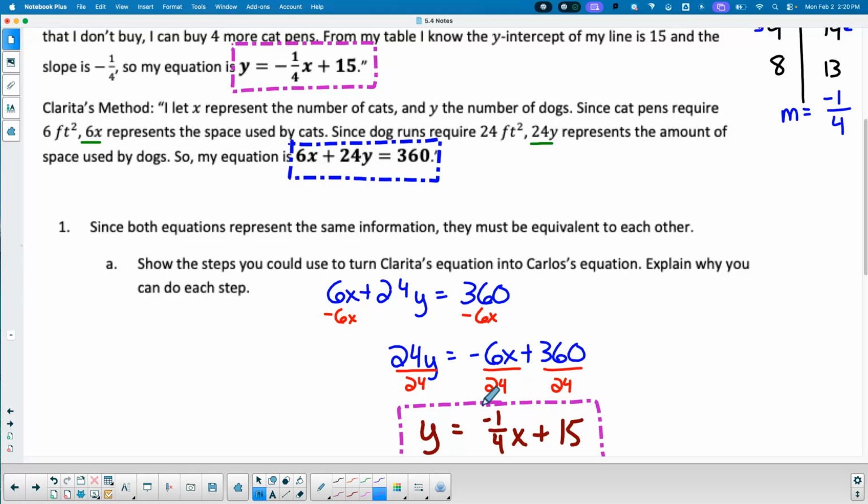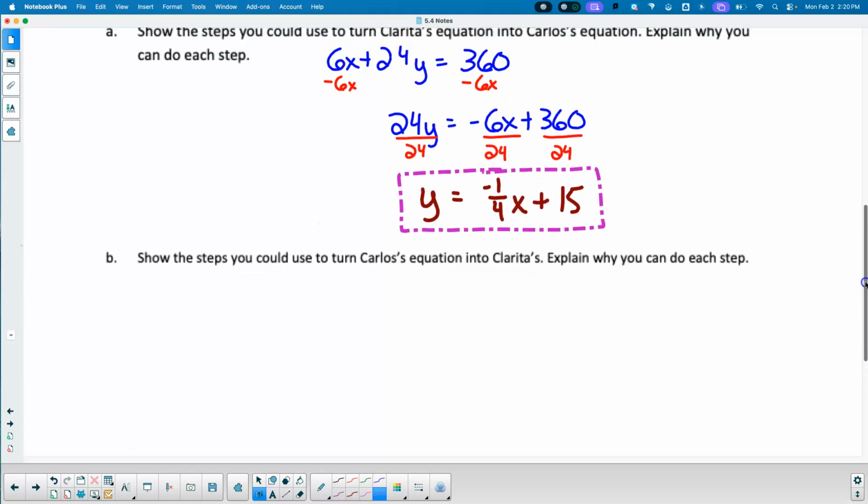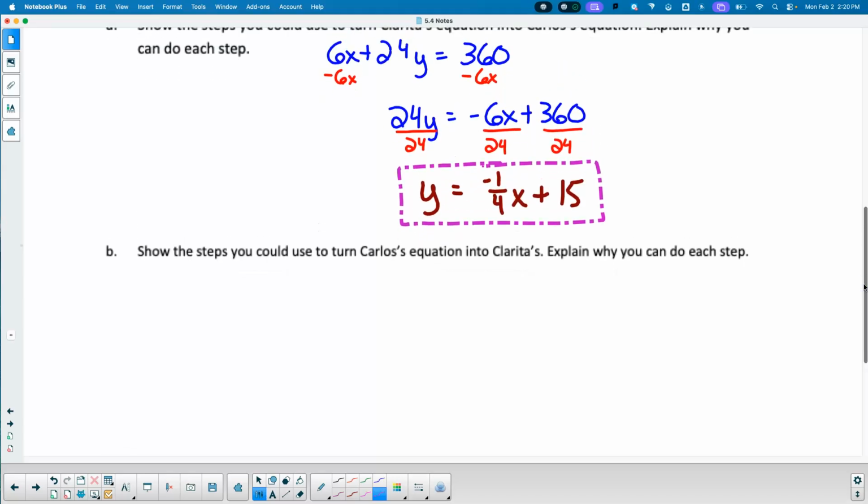Okay? Now, it's a little bit more difficult to go from Carlos to Clarita. Okay? So Carlos started with y equals negative 1/4 x plus 15. Okay? Let's take a peek at Clarita's equation now.